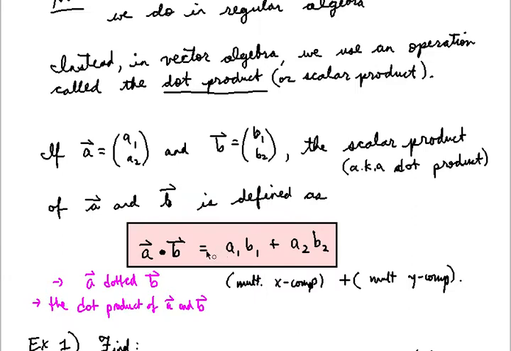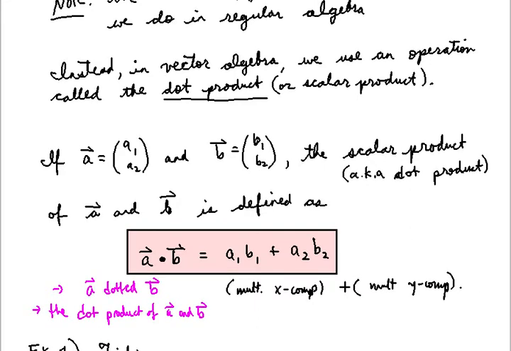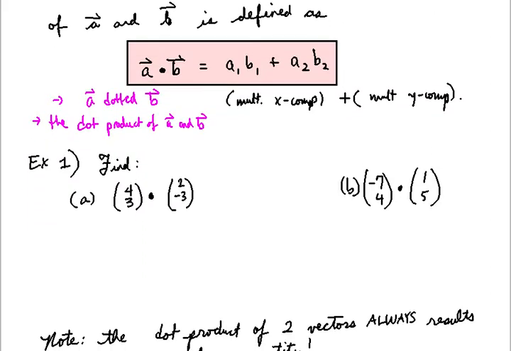So that is how we perform the dot product on two vectors. It's not a very intuitive operation, but just know that this is how we find the dot product, and it does have a use. We'll talk about that in a little bit. So let's just practice doing the dot product first.